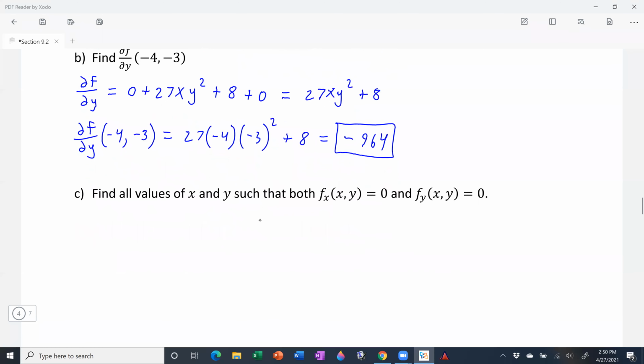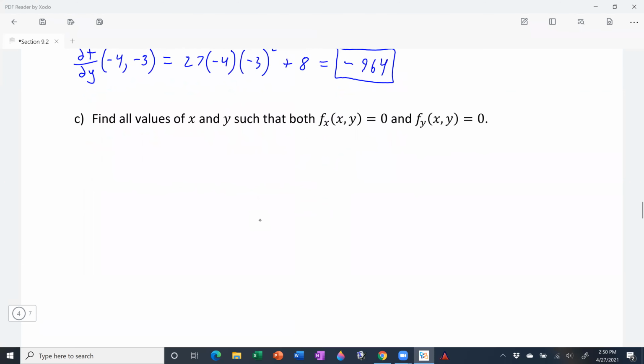Okay, part C, find all values of x and y such that both the partial derivative with respect to x of x comma y equals 0 and the partial derivative with respect to y, x comma y equals 0. Okay, so kind of interesting. First things first, we actually just need to find the partial derivative of each of them. Well, we already have those from before.